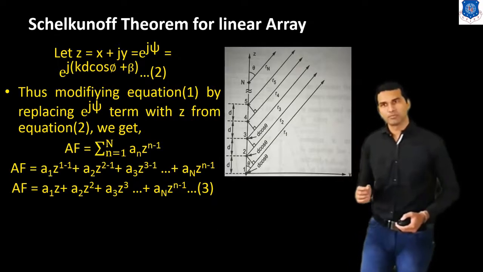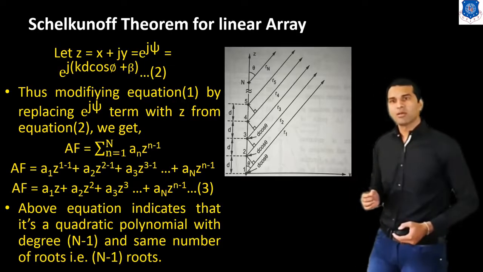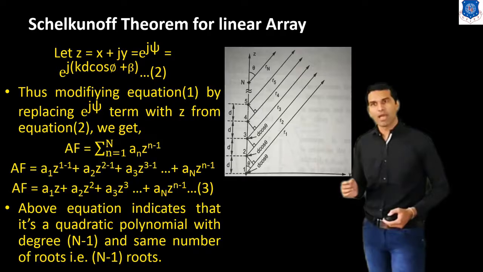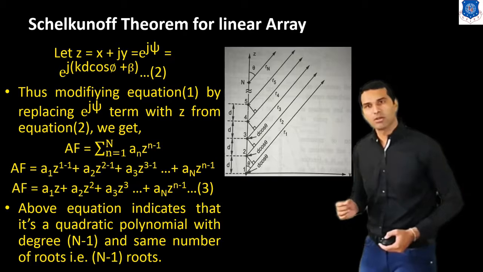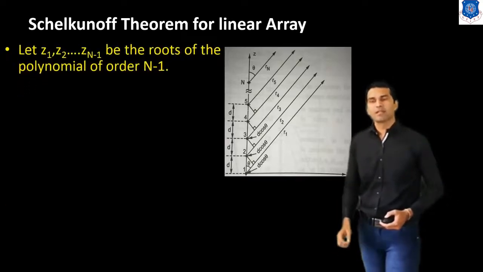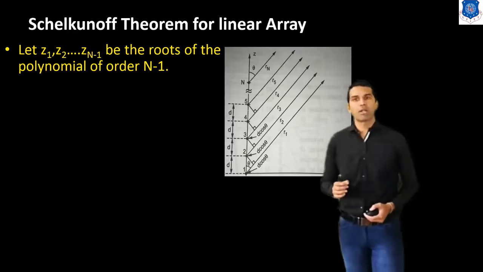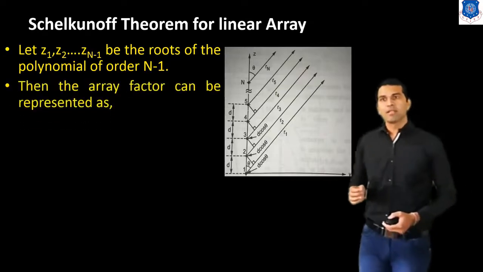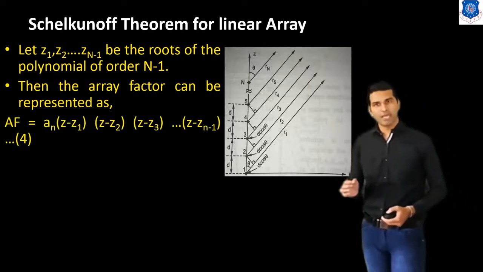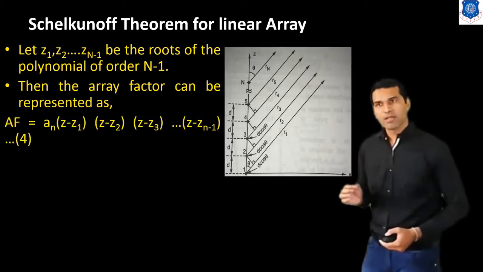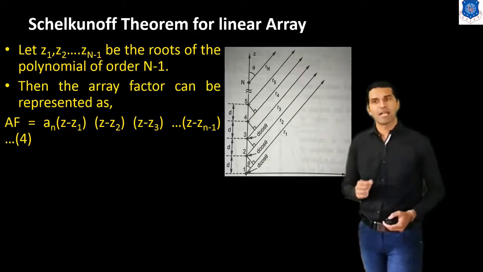The above equation indicates a polynomial of degree n minus 1, with the same number of roots, that means n minus 1 roots. Let z1, z2, up to z_(n minus 1) be the roots of the polynomial of order n minus 1. Then the array factor can be represented as AF equals a_n (z minus z1)(z minus z2)(z minus z3) up to (z minus z_(n minus 1)).